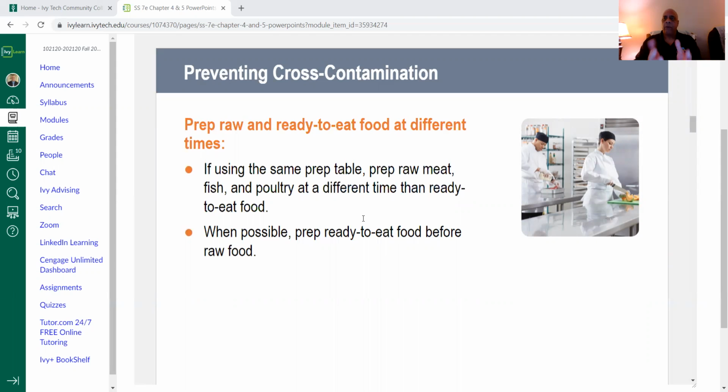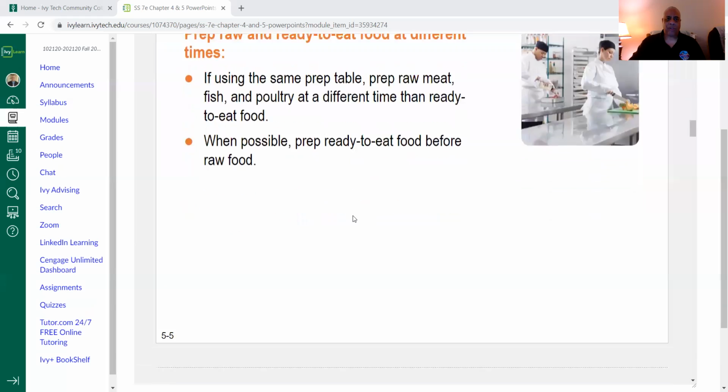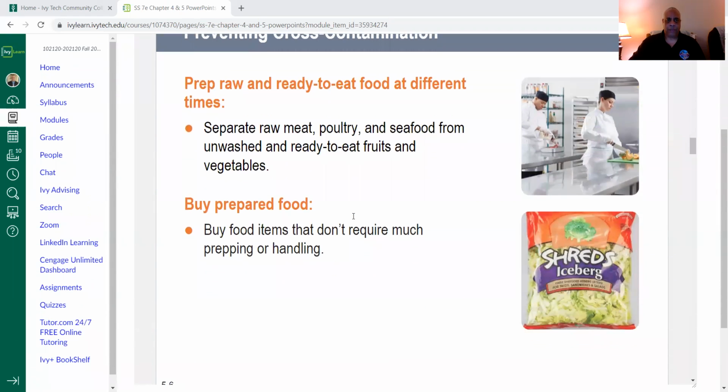Because ready-to-eat food is already open, it's ready to go. But when you deal with raw meat, you could have the risk of E. coli, salmonella, because of the juices that are coming from the raw meat. When possible, prep ready-to-eat food before raw food. That's how the process should work. It makes good sense.